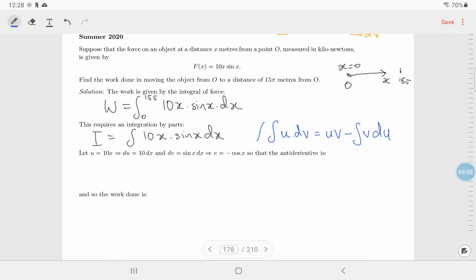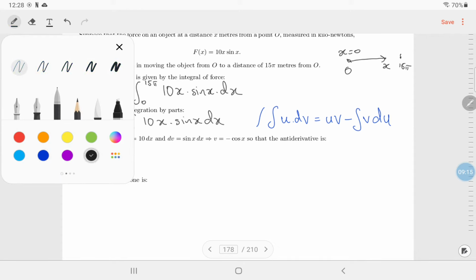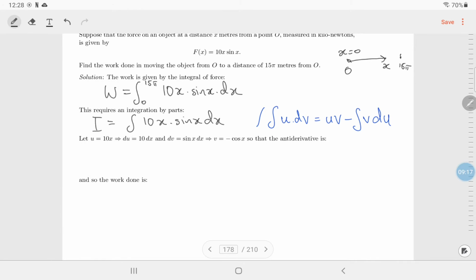So we have to pick the u according to LIATE, and then everything else is dv. I'm afraid I can't remember the colors that I used to use. So is there any logs here? No. Any inverse trig? No. Algebraic? Yes, the 10x. So this should be the u, and everything that's left over is the dv.